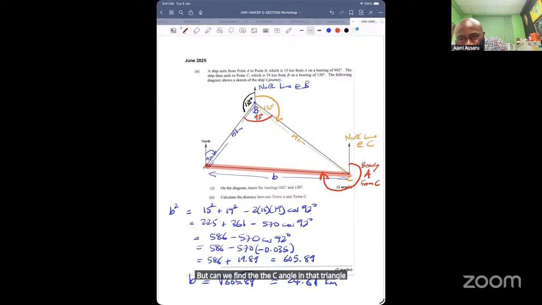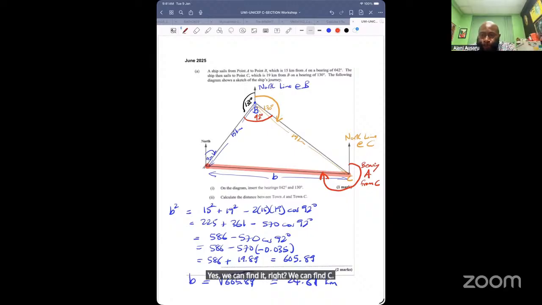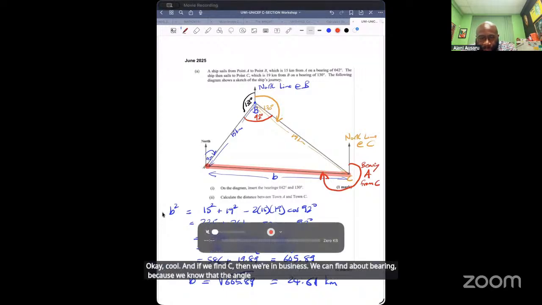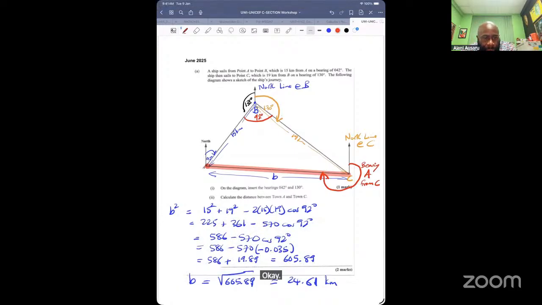Yes, we can find C. Okay, cool. And if we find C, then we're in business. We can find the back bearing because we have the 50 degrees as well, right? Okay. So let us do that.